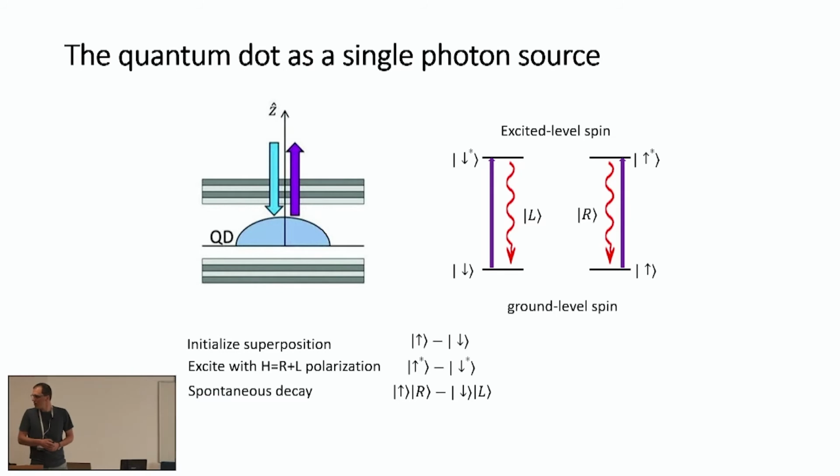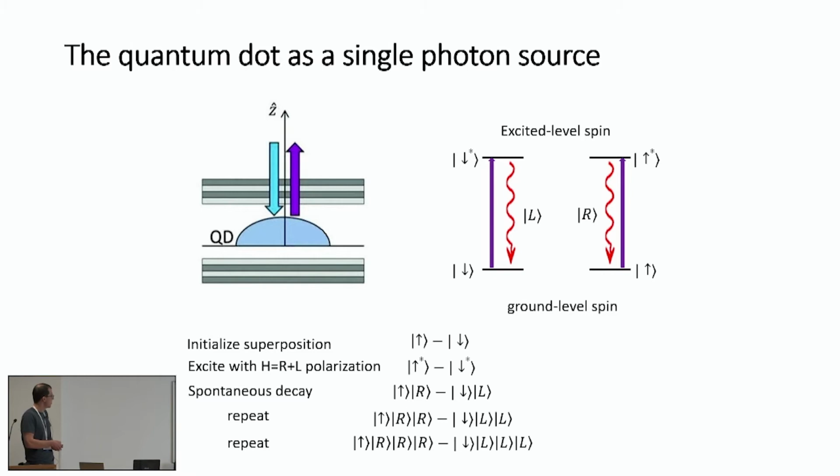And when this state decays back after about 1 nanosecond, it emits a photon. And the state that we end up with is an entangled state of a photon and a spin: up R minus down L. So we can repeat this process again, and excite again, and collect the photon which is emitted.